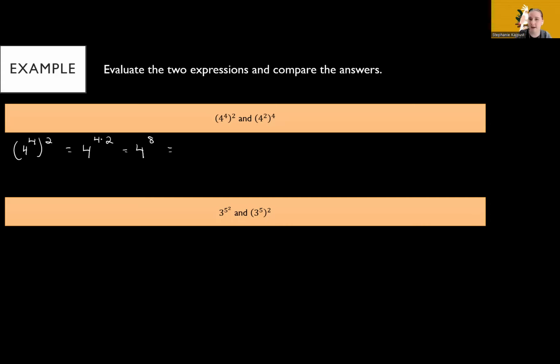It says evaluate, which means you want to actually find what that's equal to. So you want to put that on your calculator, and that comes out to 65,536. You can enter that in your calculator, making sure you have parentheses in the right spot, and you will get that same answer if you put in 4 to the 4th and then squared.